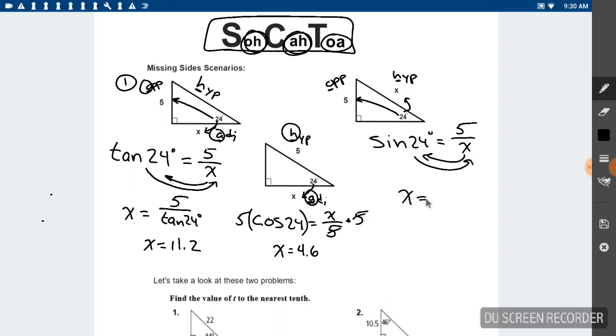So x equals 5 divided by sine 24. In this case x would be 12.3. All right, so there are 3 examples: sine, cosine, tangent examples, and what you are dealing with in each. Let's move on.